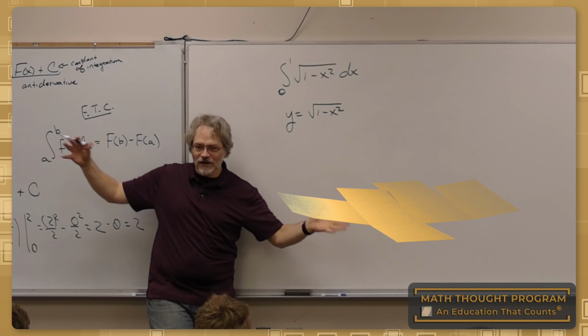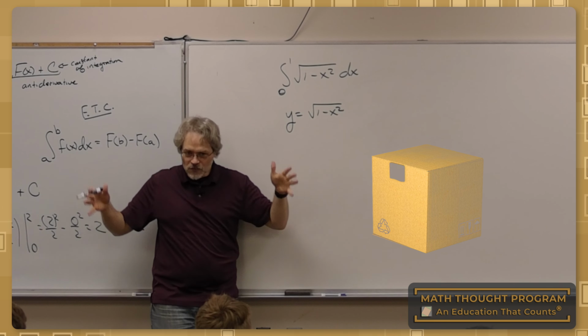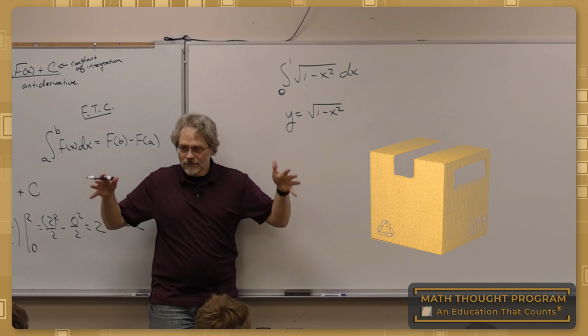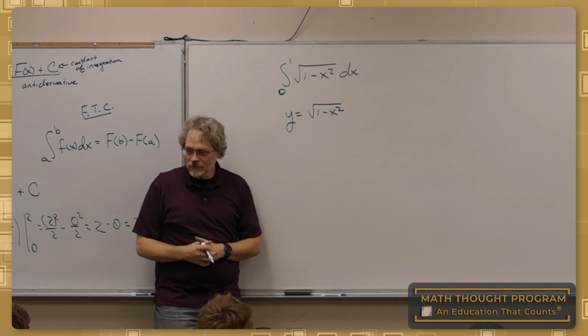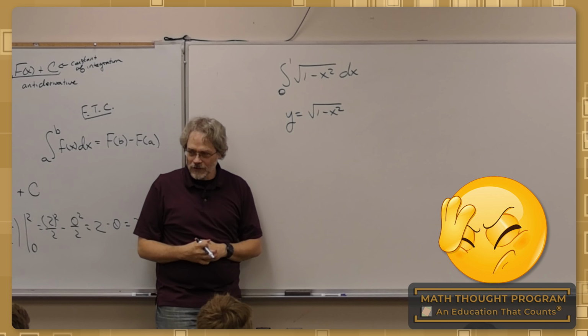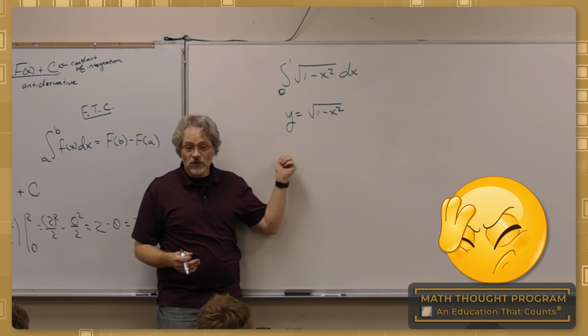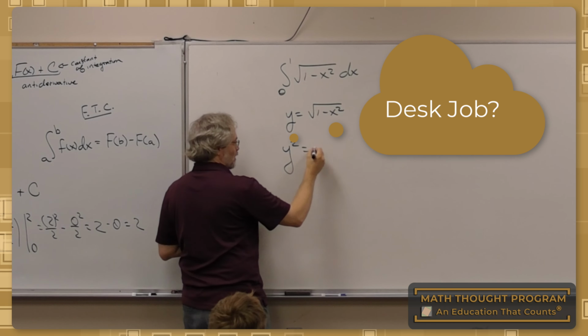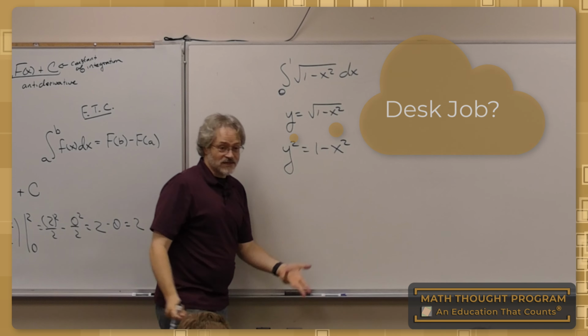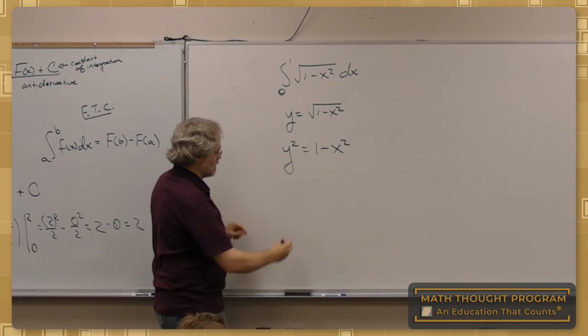What's a radical afraid of? Being a square. Don't be square. You know, don't tread on my radical ways. Square both sides. Give it a desk job. Take the x squared, throw it to the other side.